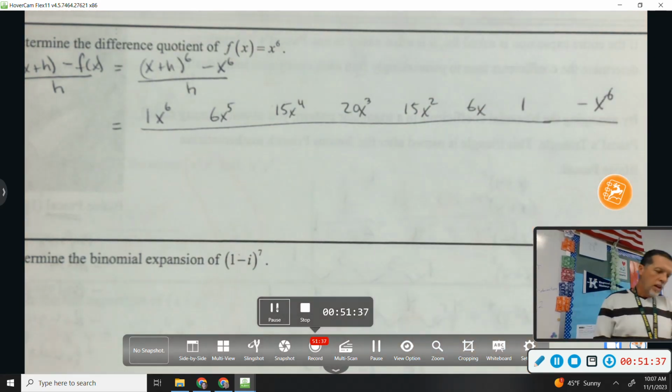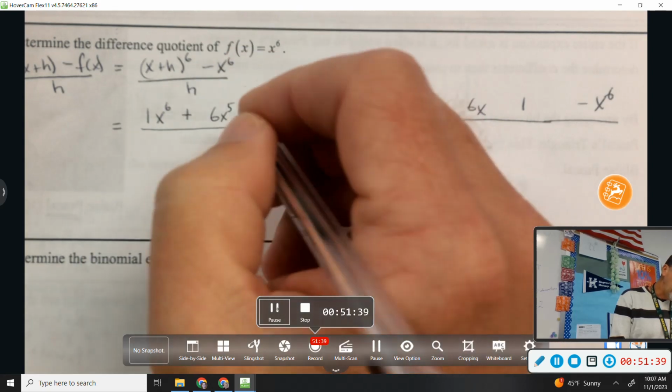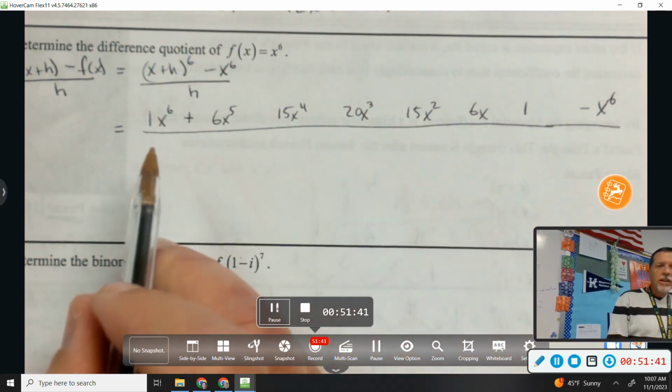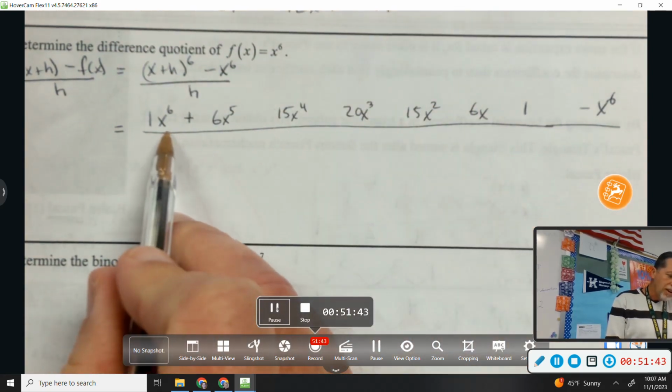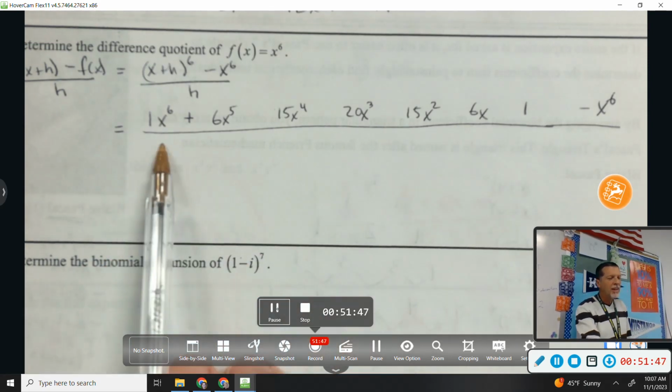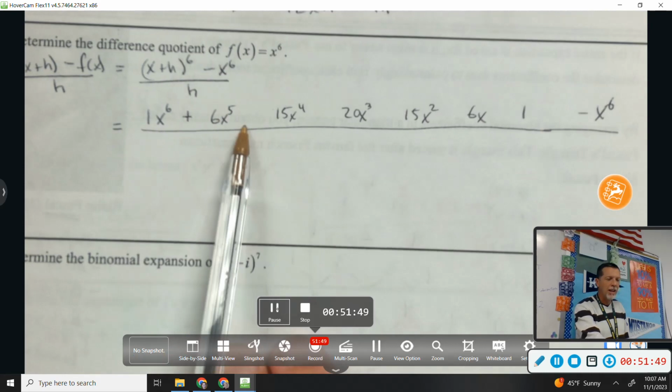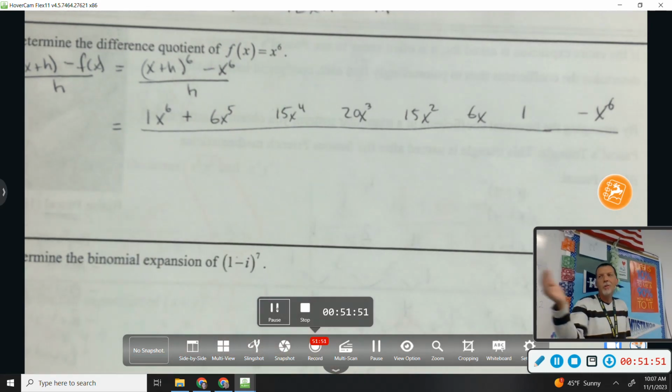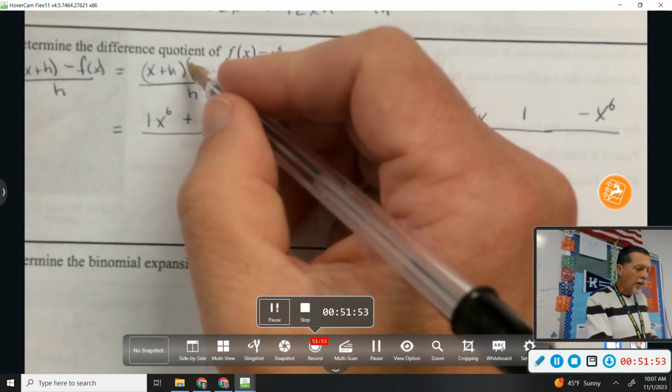They're all added because there weren't any negative signs to worry about. No h's on the first term. I feel like I'm trying to emphasize that. That's a kind of a common mistake, if you put an h on the first term and then an h squared on the second term, then they're all wrong. But if you remember that they all have to add to 6, that will help.